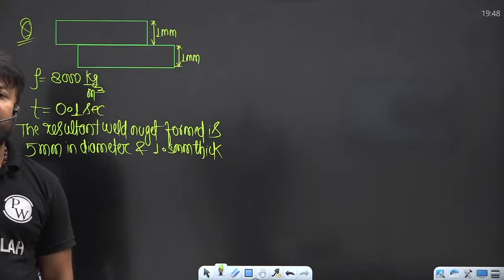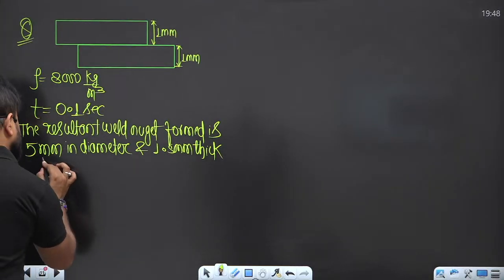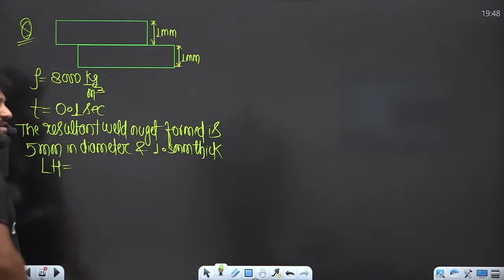The latent heat of fusion is given, that is 1400 kilojoule per kg.